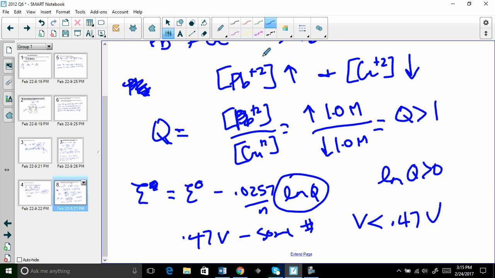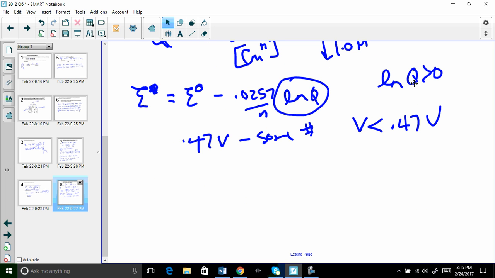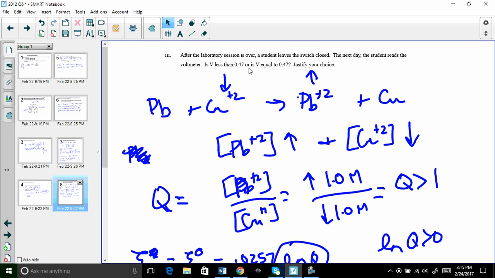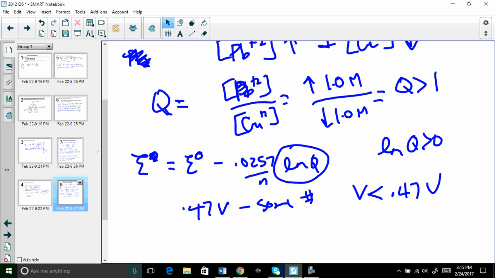And so to go back up to the question, I just want to see how it's worded, because again, you don't have to calculate this, you just got to be able to explain it. Is it less than 0.47 or equal to 0.47? Justify your choice. And so the answer is the voltage is less than 0.47.